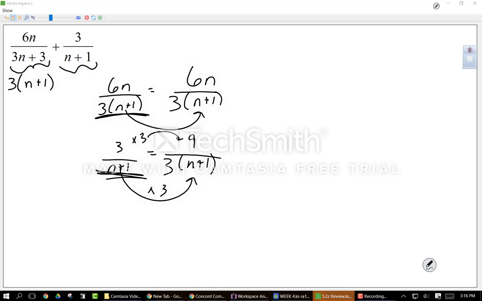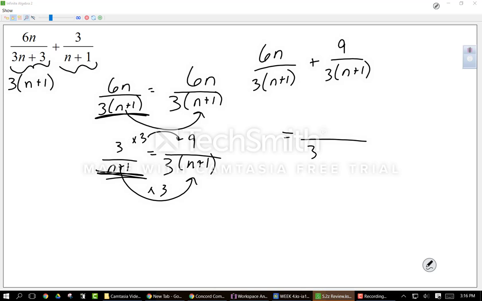So now my new problem is 6n over 3 times n plus 1 plus the 9 over 3 times n plus 1. So now let's keep going. What happens? Well, I know my denominator is going to be 3 times n plus 1 because it has to be. And then my numerator is going to be 6n plus 9.